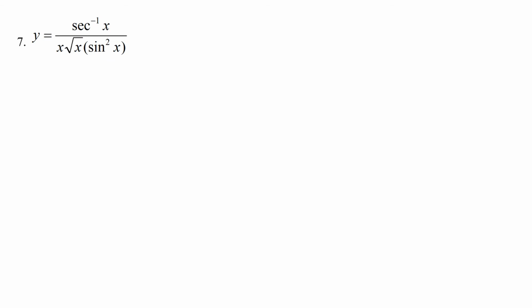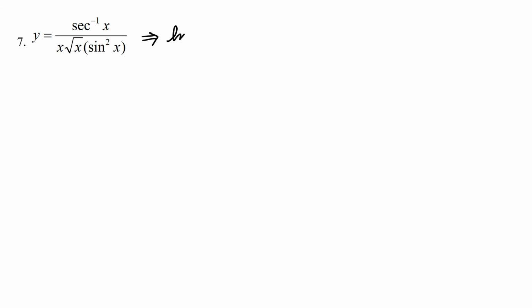We have y is equal to inverse secant of x over x root x times sine squared x. Now this doesn't really look as gross as the last function, but it still involves quotient, product, and chain rule. And we want to try to make it so that we involve slightly fewer. So let's use logarithmic differentiation to simplify this a bit.